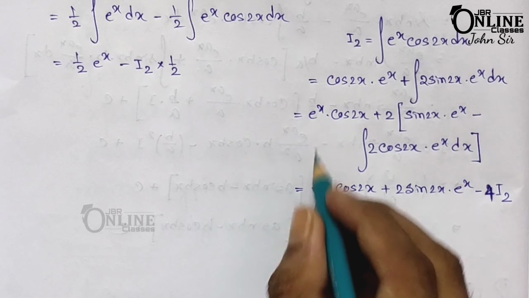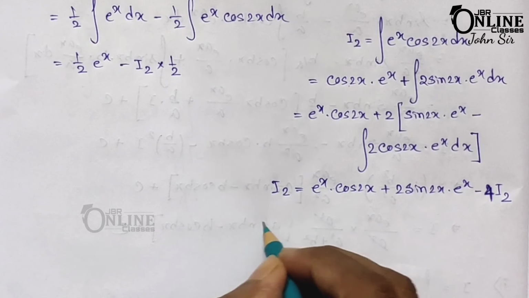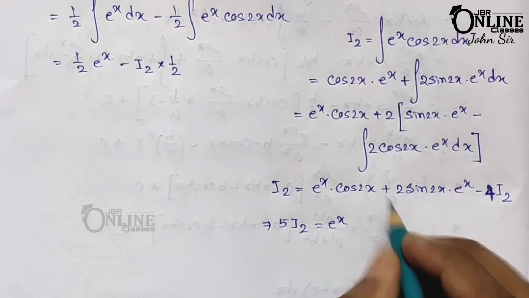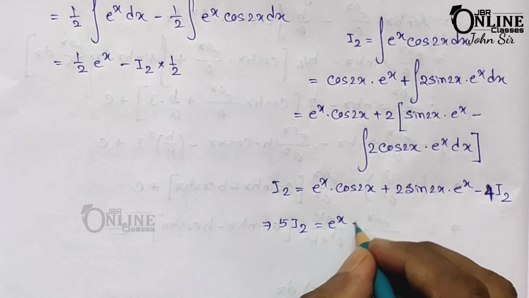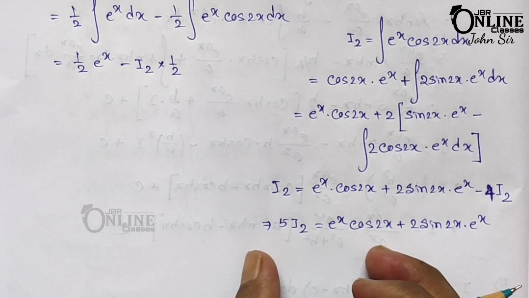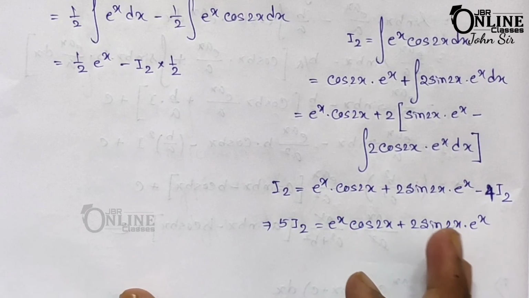So now as on the left-hand side you have I2, it will be 5 I2, that equals e to the power x cos 2x plus 2 sin 2x e to the power x. Okay, that equals 5 I2.